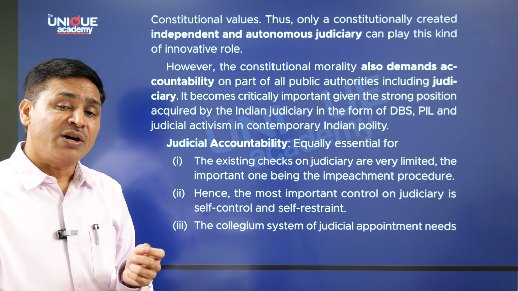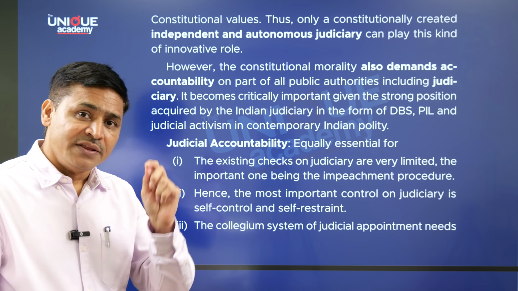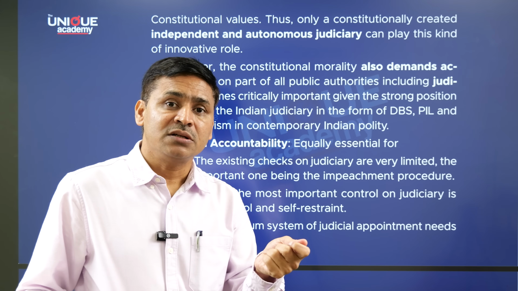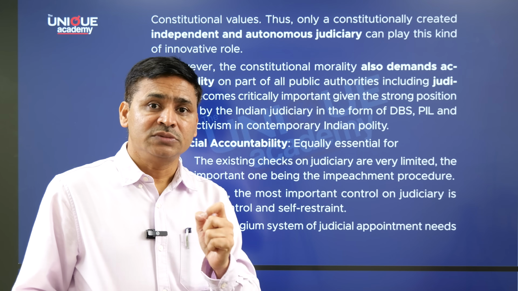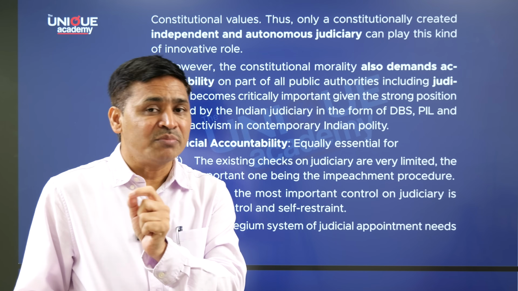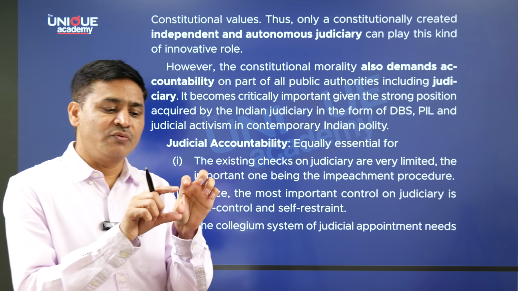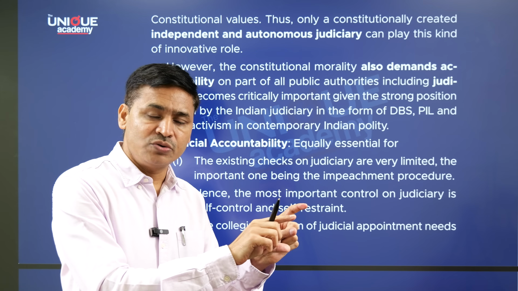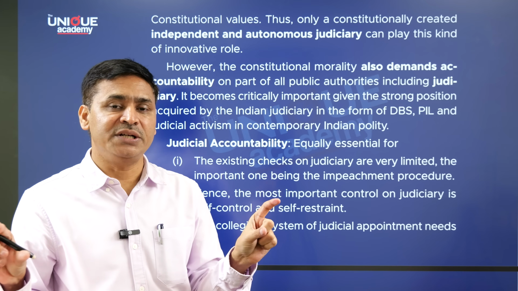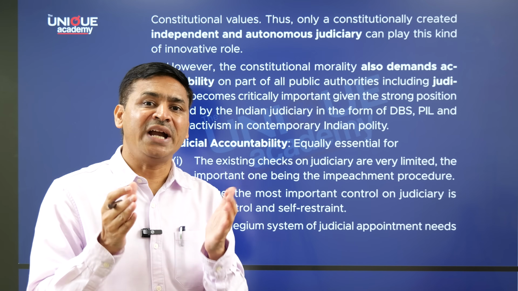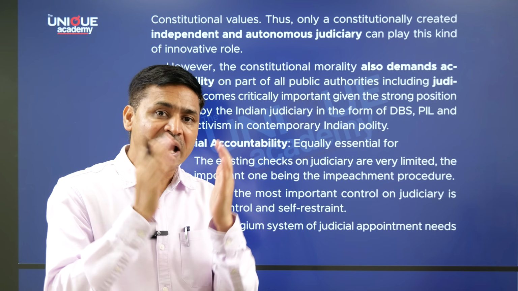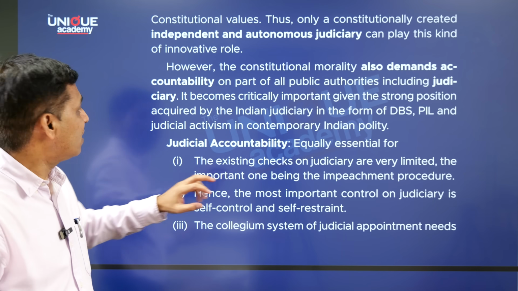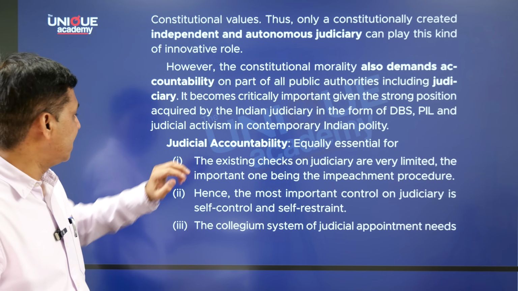Precisely that development demands a commensurate accountability from the same judiciary. Therefore, we cannot isolate the issue of autonomy and judicial independence from accountability. Both of them should go hand in hand, and there has to be a balance, an equilibrium. So we have to focus on that aspect.